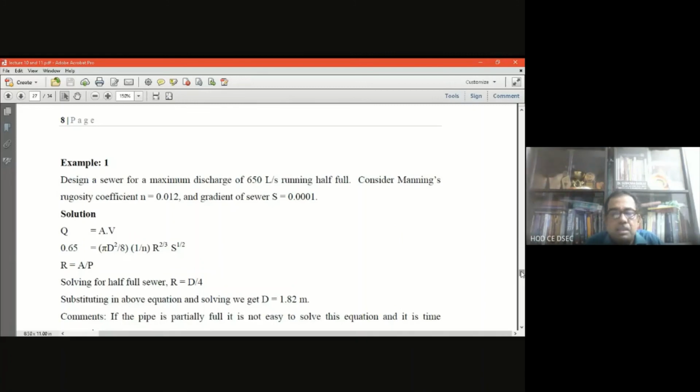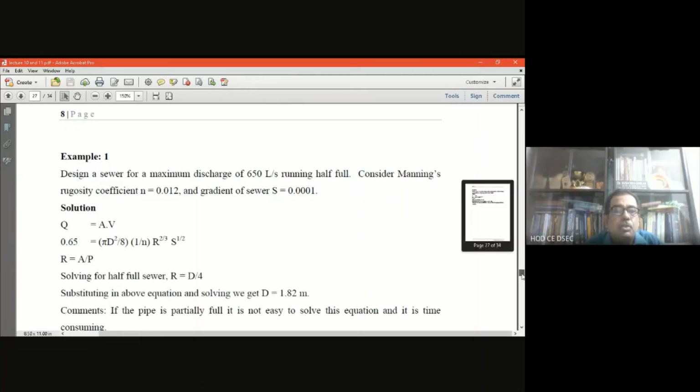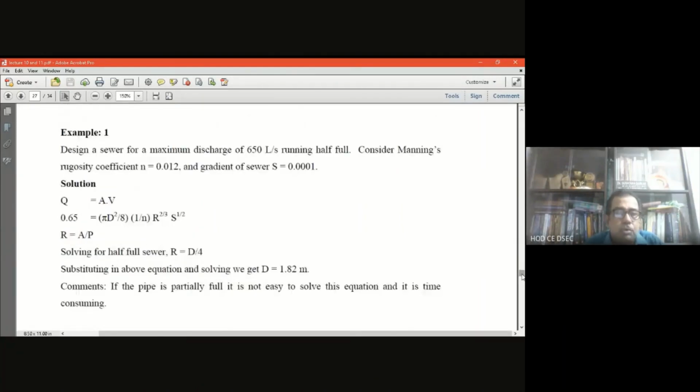Here A means pi d square by 8 and perimeter means pi d by 2. So pi is omitted, and you will get D by 4. If you compute area divided by wetted perimeter, ultimately you will find the relation R equal to D by 4.